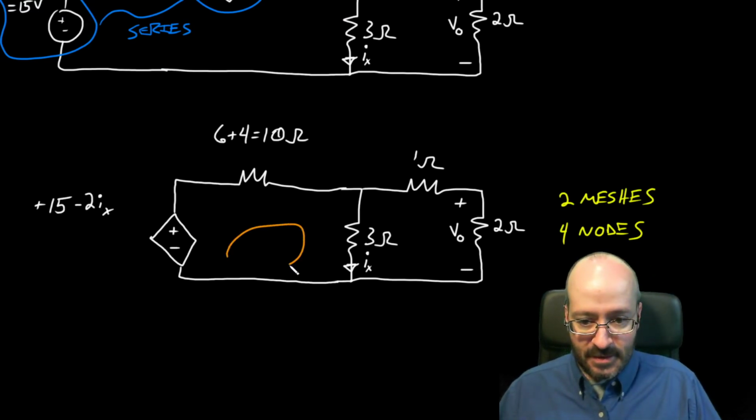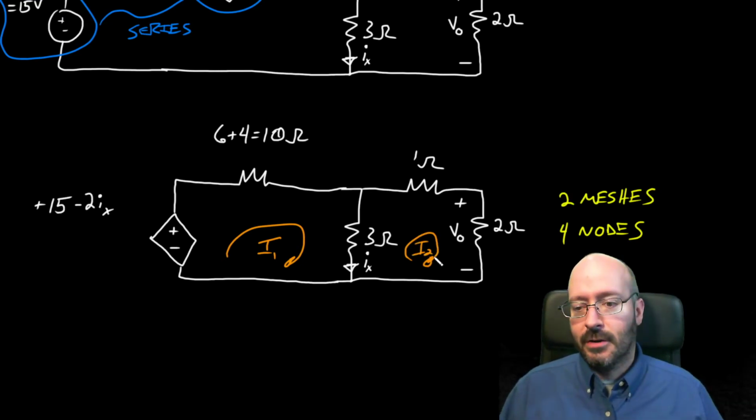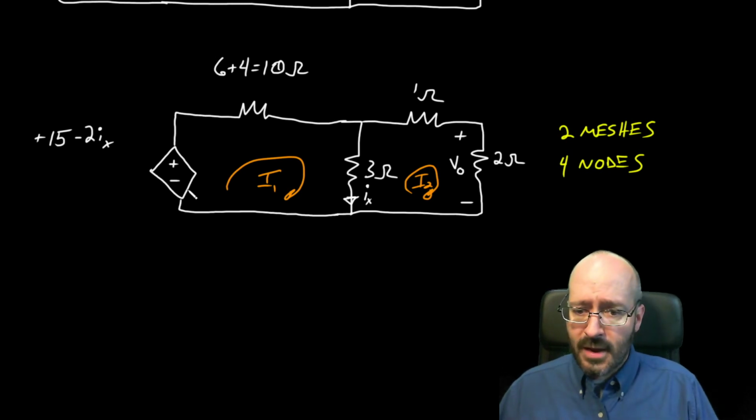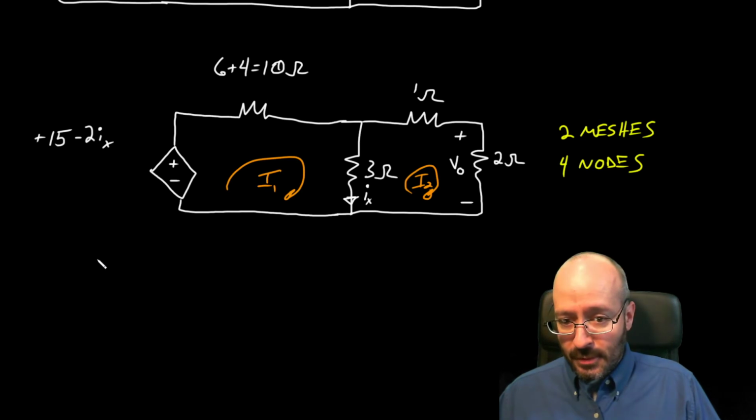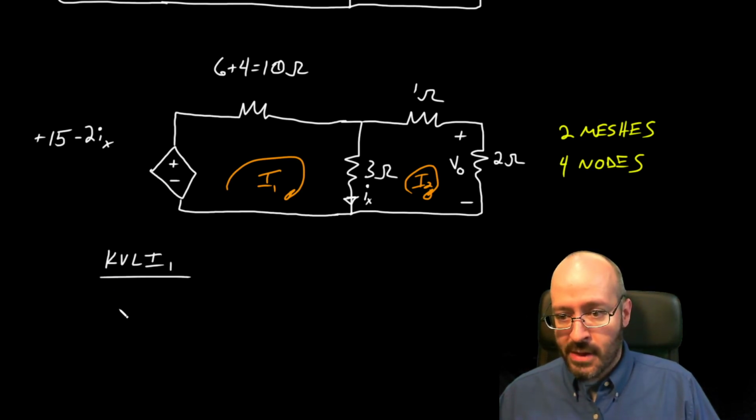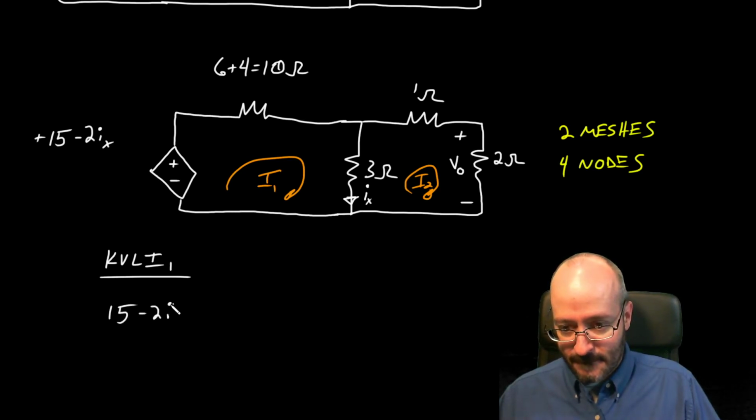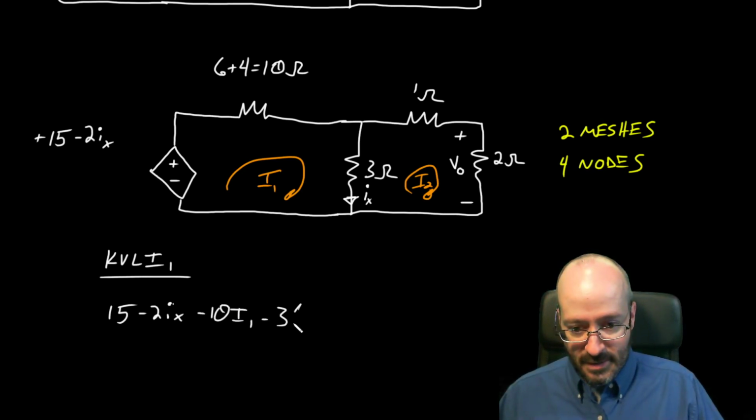I'll finish it just to be a completionist. I'll use nodal. That's not nodal, that's mesh. I'll use mesh. Okay. And there are no current supplies. So I'm going to write a KVL for I1. I go up 15 minus 2IX minus 10 I1 minus 3 I1 minus I2.